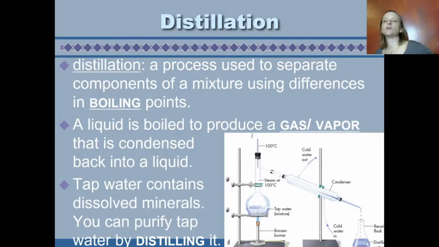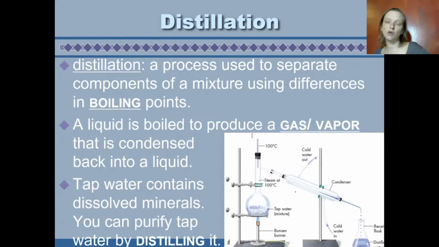For instance, you could use this process on tap water. Tap water has dissolved minerals in it, and you can get pure water out of tap water by taking that tap water mixture here in a round bottom flask, heating it to boiling. The water turns to steam at 100 degrees Celsius, and then that steam passes through this condenser tube.